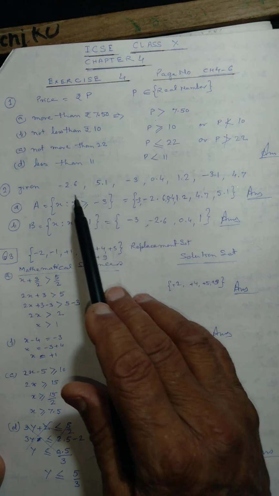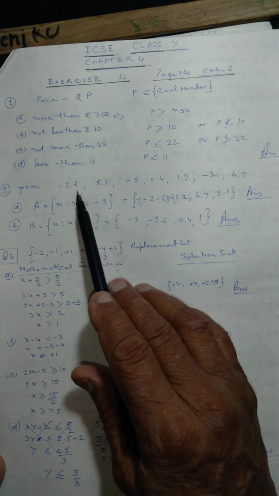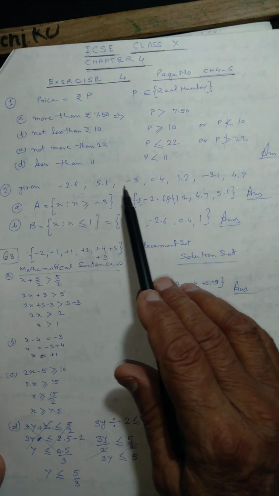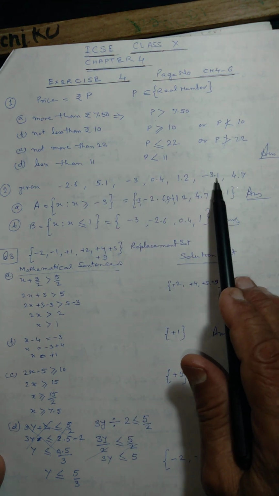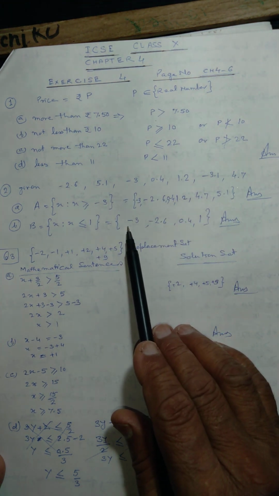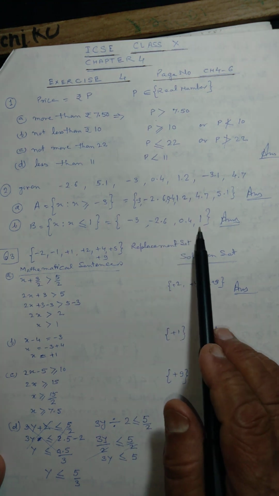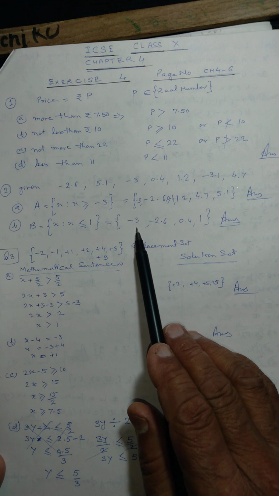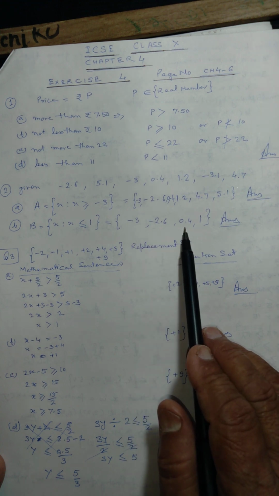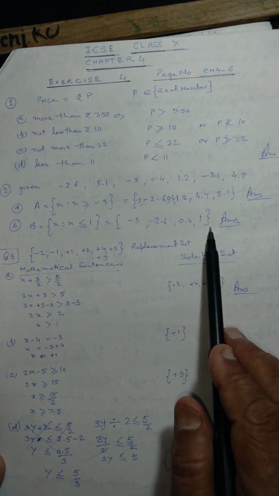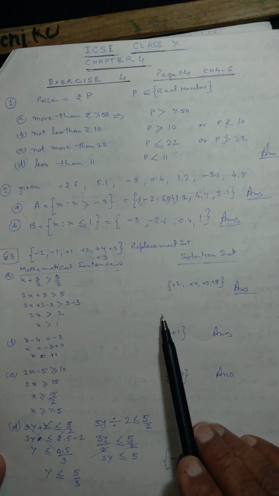But here we have to choose the answer from the replacement set. These are the replacement set elements. So minus 3, minus 2.6, 0.4 and 1. This is the solution set of question number 2, B part. Now proceed to question number 3.